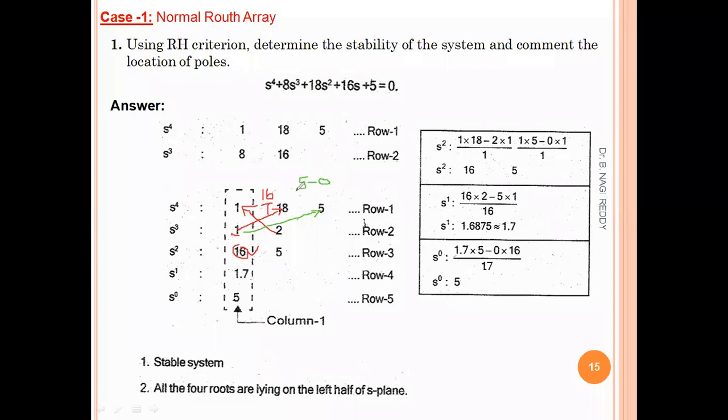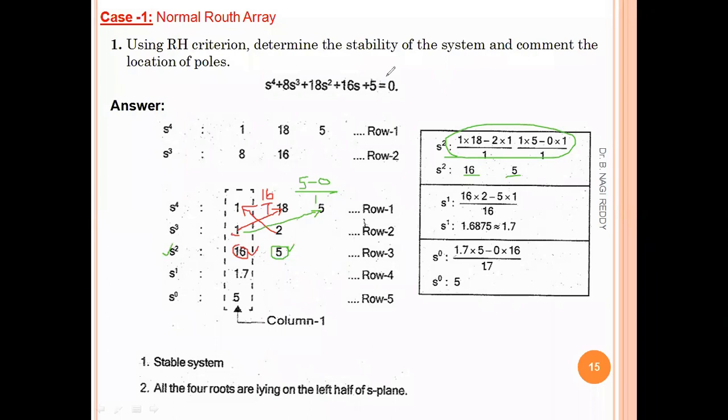So 5 minus 0 by 1 means 5. So 5 by 1, we get 5. This is the calculation for these two terms. We got 16 and 5 as the s square terms, so substitute 16 and 5 here.